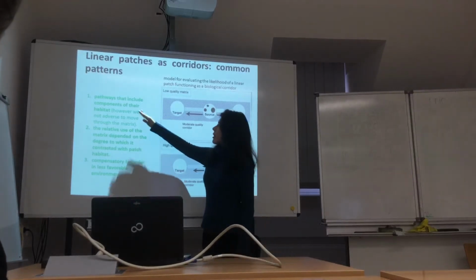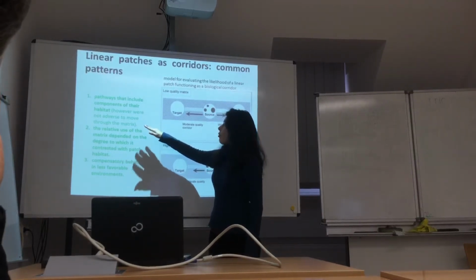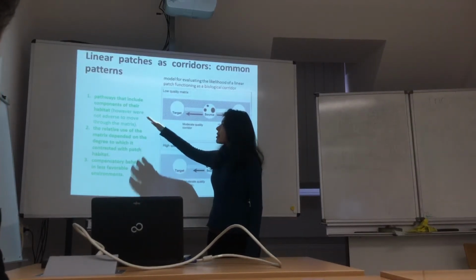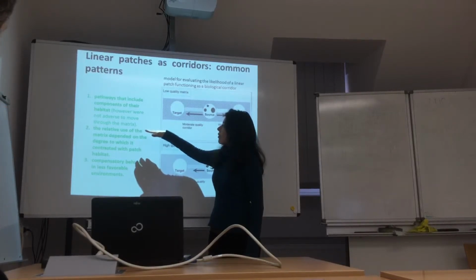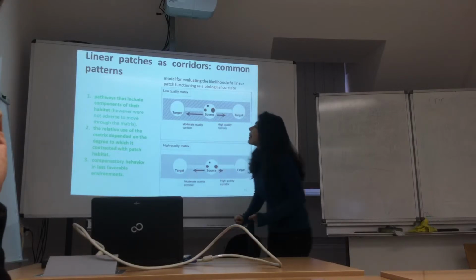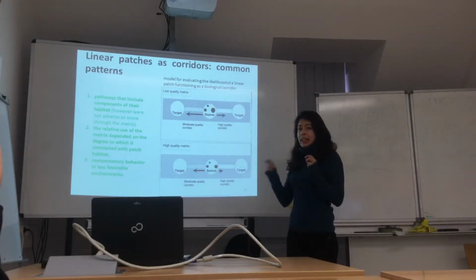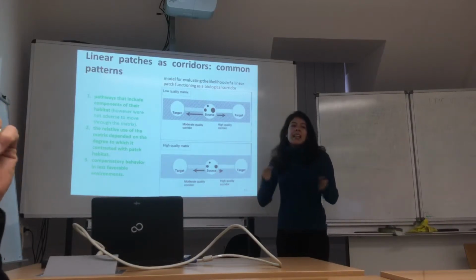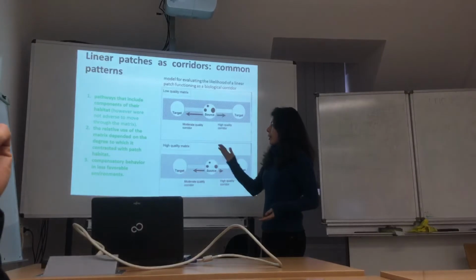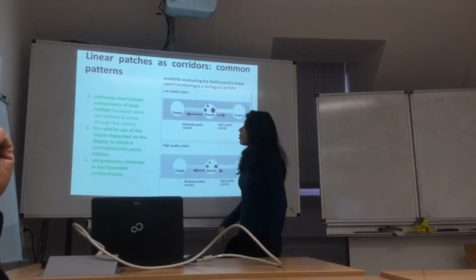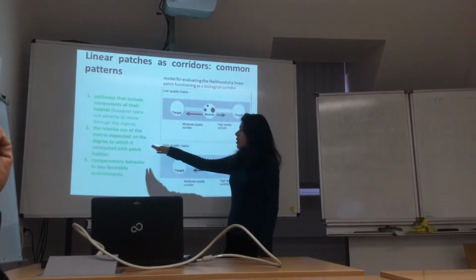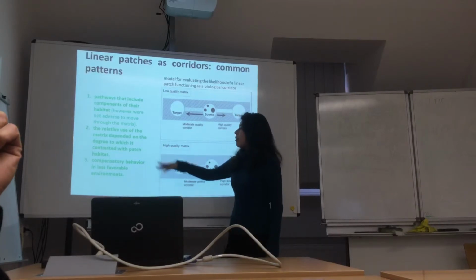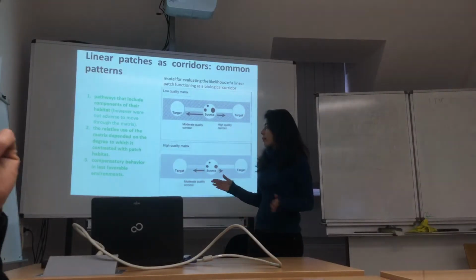So from these studies, there come some common principles and patterns. For example, the first: they prefer pathways that include components of their habitat, but they are not averse to moving through the matrix in most cases, so they can also move there. And the relative use of the matrix depends on the degree to which it contrasts with the patch habitat.